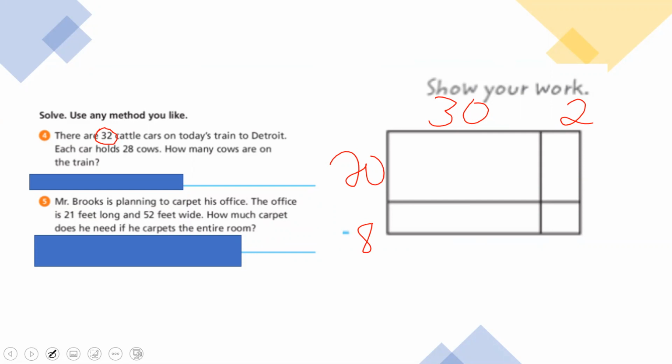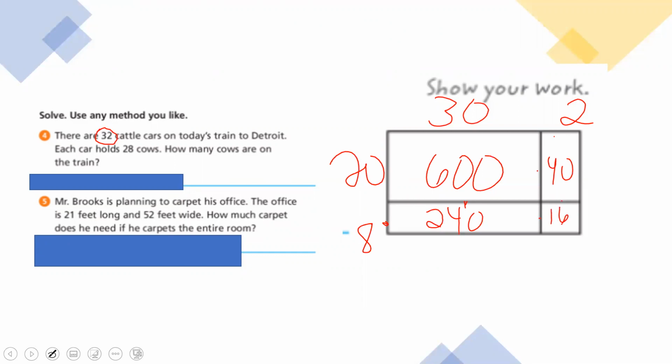Here we do 3 times 2 is 6, and then add your zeros, so that's 600. This one right here is 8 by 30, which 8 times 3 is 24. Add your 0. This is 2 by 20, so that's 40. And this is 8 by 2, which is 16.